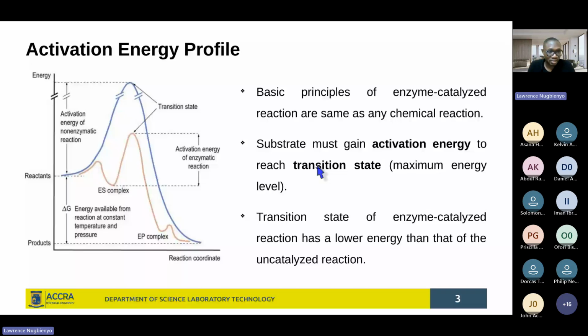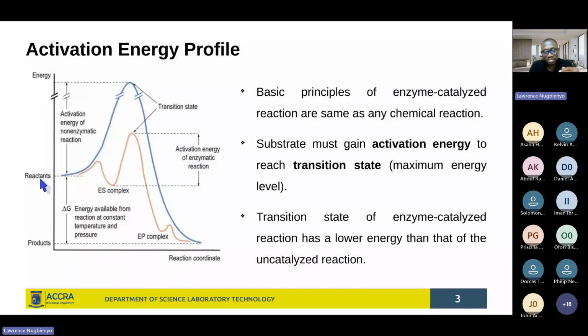If you take reactants, what you see on the left-hand side is an energy profile of a reaction. On the vertical axis we are seeing energy, and on the horizontal axis, just reaction coordinates, so that you have reactants at a certain energy level.